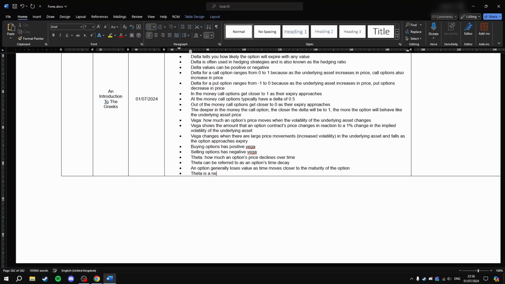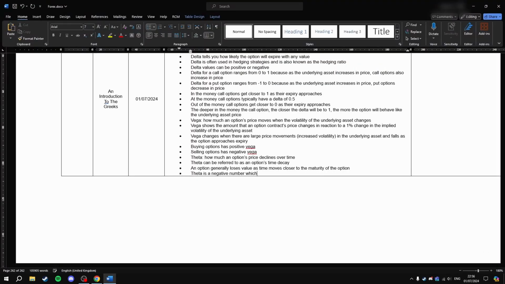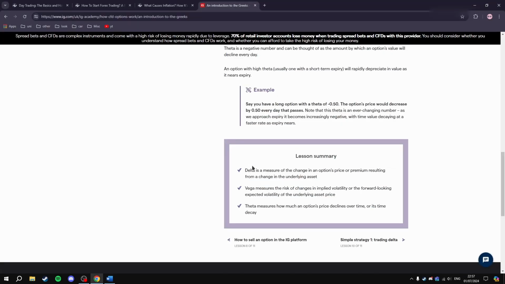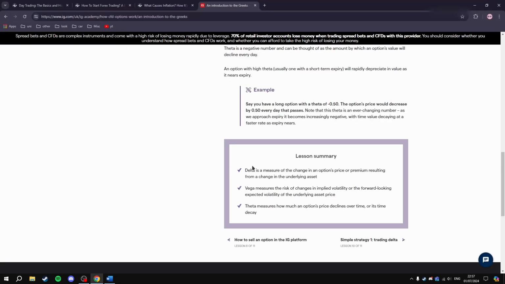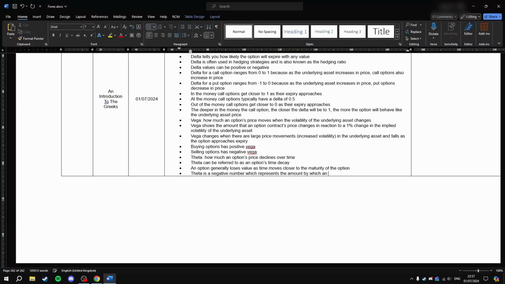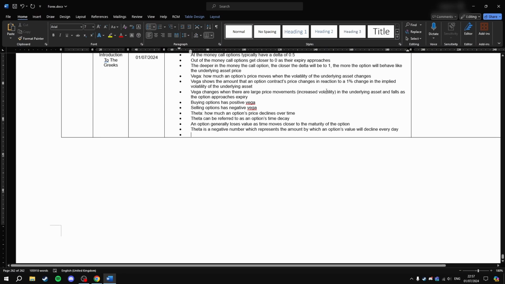Theta is a negative number which represents the amount by which an option's value will decline every day.